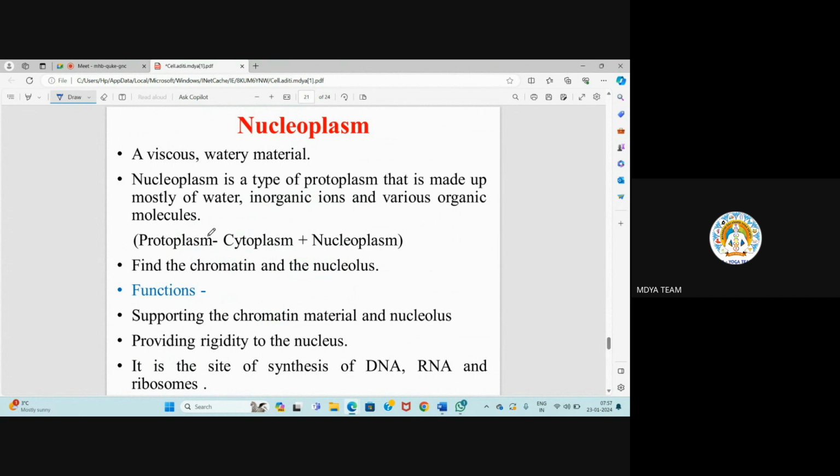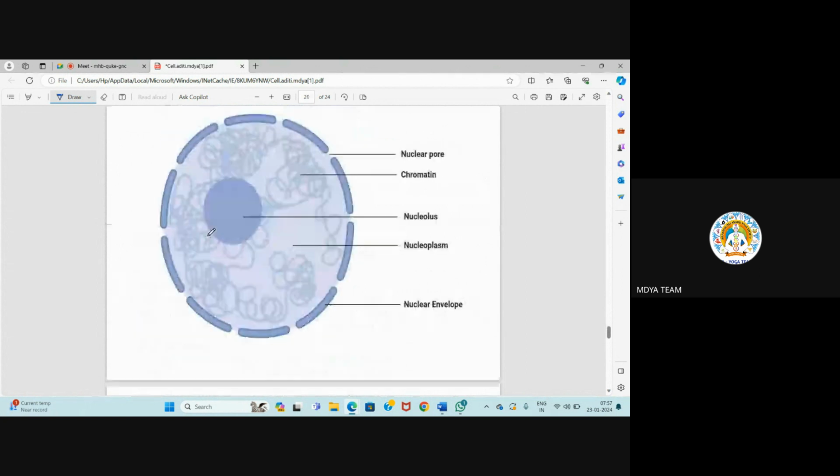So this nucleoplasm is the fluid inside the nucleus. In this picture you can see inside the nucleus, the nucleolus and chromatin are present. So nucleolus and chromatin are floating in nucleoplasm.